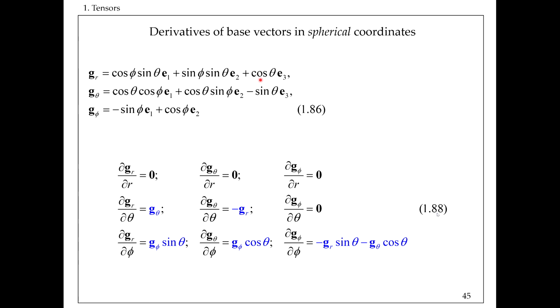The only thing you will lack is the minus sign, and that's why you have the minus g_r. That's similar to what we had with the cylindrical coordinate system.